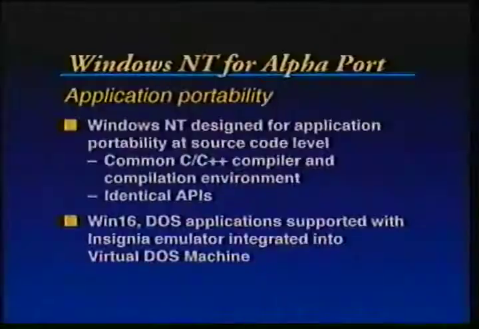So again, the goal is you can write an application today on, say, Intel, and then be able to move it very straightforwardly with just a recompile and a relink over to Alpha. In addition, Windows 16 and DOS applications are also going to be supported on the Alpha platform. How the virtual DOS machine works on Intel versus Alpha is slightly different, because on Intel, they were actually able to integrate DOS 5.0 source code into the virtual DOS machine.